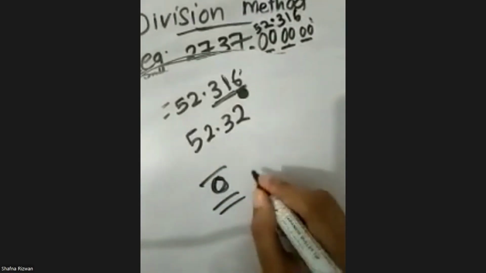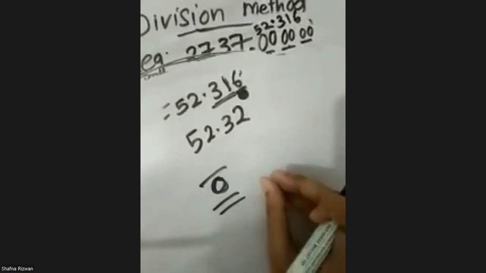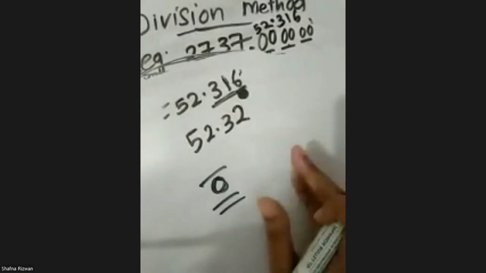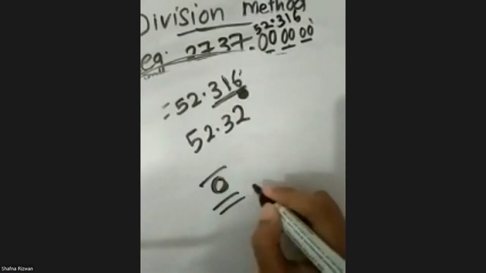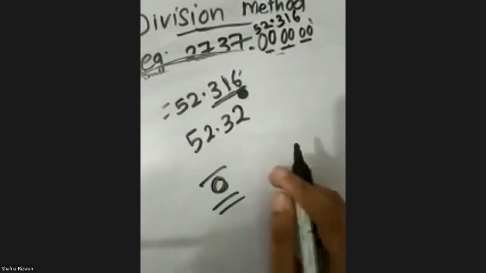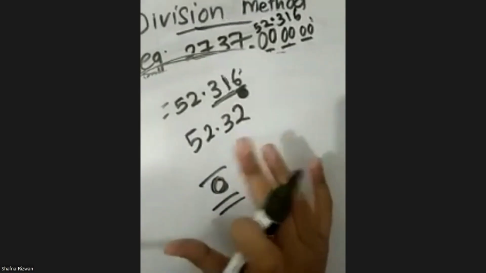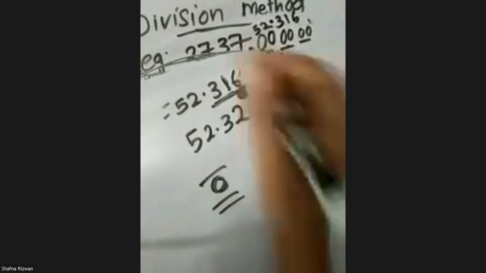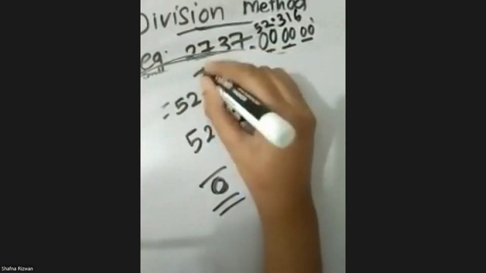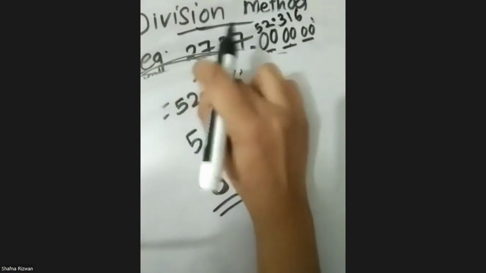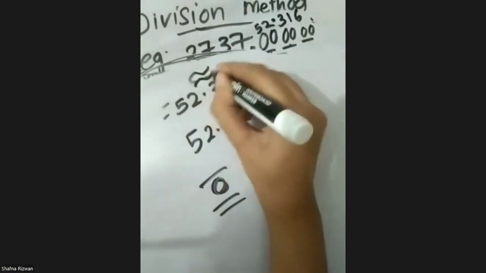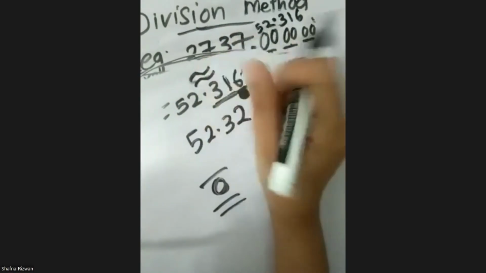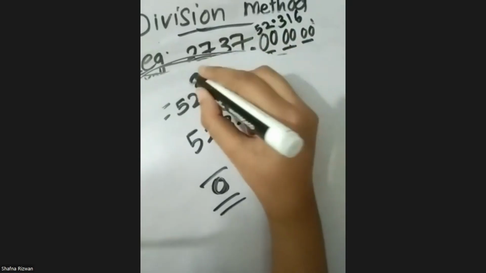I just got a remainder. So when I get a remainder, but I didn't get 0 as remainder, then what can you say? That I didn't finish, I didn't divide it equally. So because of that reason, I can't say that this is equal. I can't say like that. I have to use the symbol approximate like this. I have to use this symbol. Why should I use this symbol?